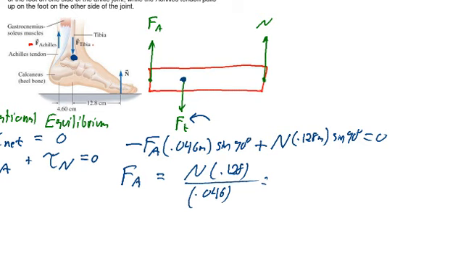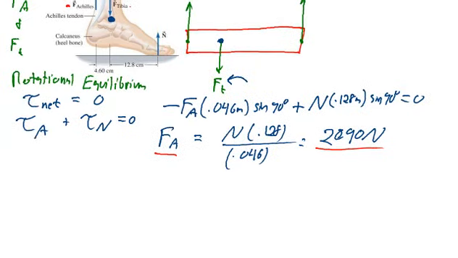That equals 2090 newtons. So that's a pretty big force. That's the force that the Achilles tendon exerts on the foot in order to raise the foot up, as this diagram shows.